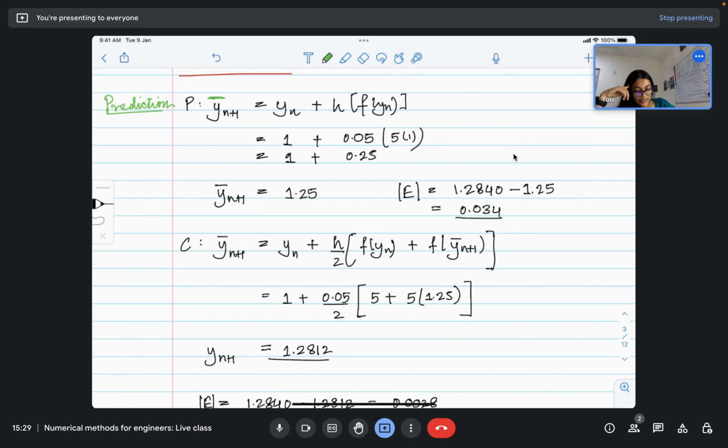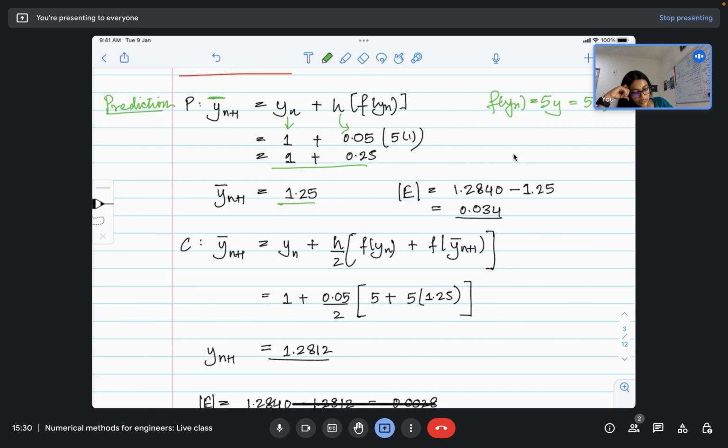The value of yn is given to be 1, h is given to be 0.5, and f of yn is basically 5y, so 5 times y, where y naught is given as 1. We calculate this and we get yn plus 1 as 1.25.